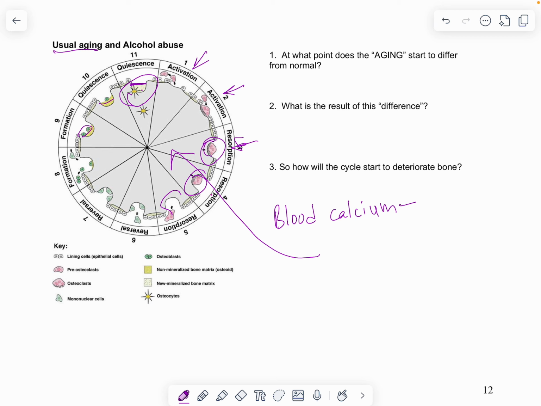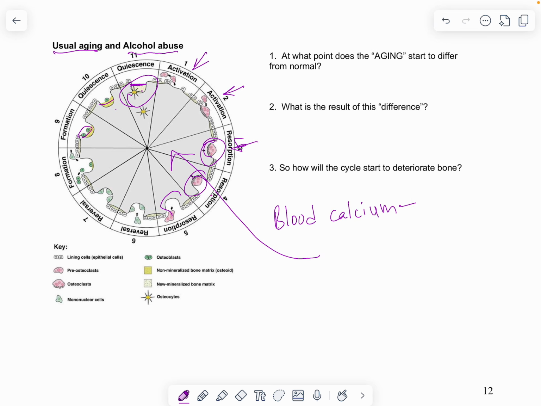This is usual aging because estrogen is preventing females from putting more bone in, and alcohol abuse. So using alcohol will do this to your bones. And when we say abuse, I don't actually know if it's one drink a day or if it's a case a day. I'm not entirely sure. But alcohol abuse, this is somebody who is drinking regularly. So this is sad.